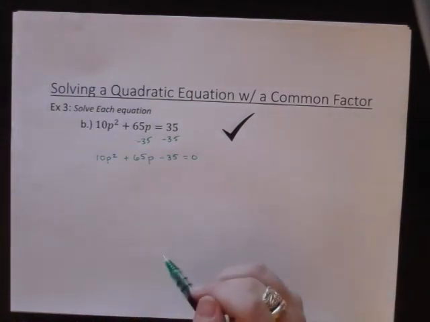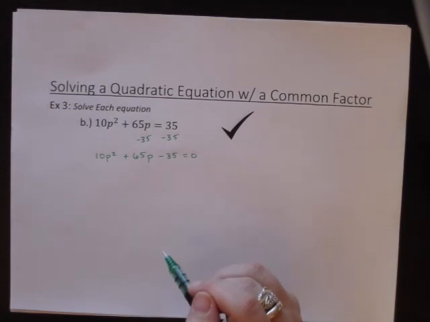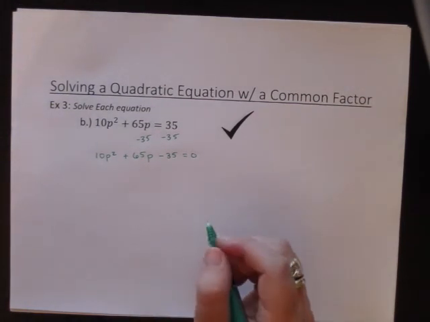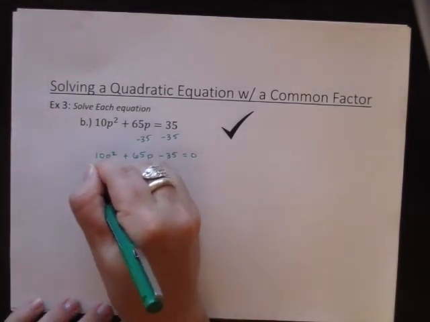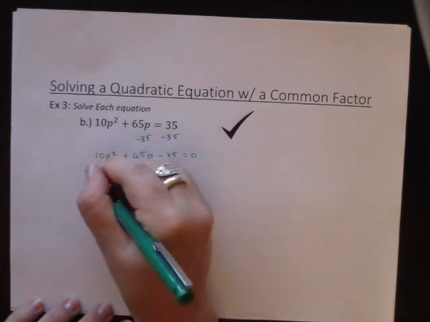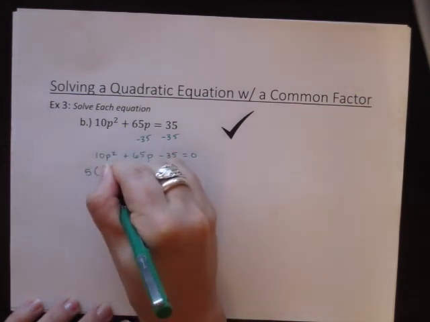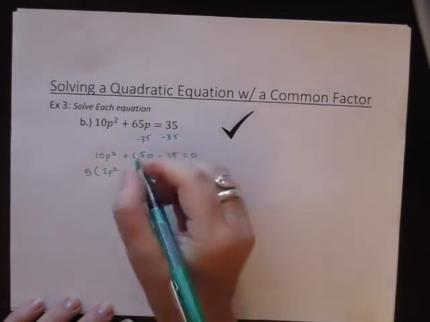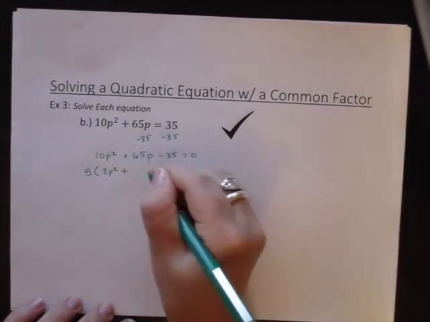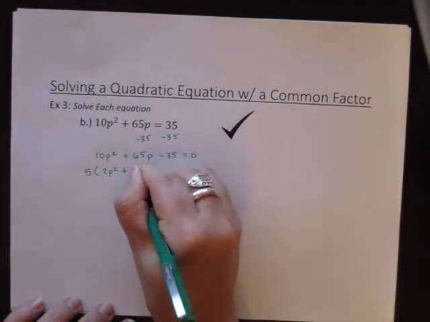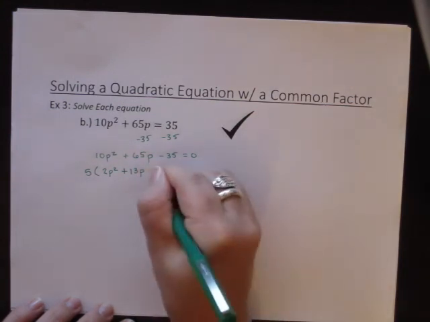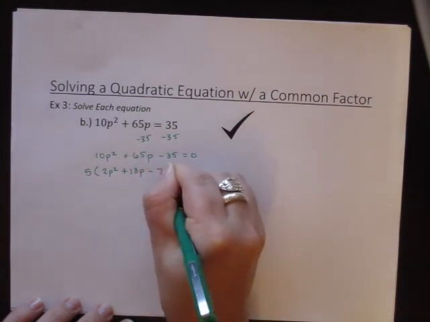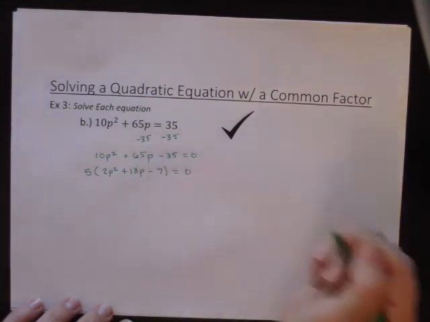What I can see from here is that I'm definitely going to have a GCF, but my GCF is only going to be 5. So 10 divided by 5 is going to leave me with 2p squared. Then 65 divided by 5 is going to leave me with 13p. And 35 divided by 5 is going to leave me with 7 equals 0.